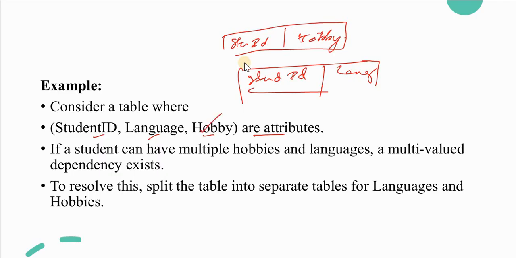Students can have multiple hobbies and multiple languages, so there is going to be a multi-value dependency. To resolve this, we split the table into separate tables, separately for language and separately for student hobbies. So this is fourth normal form.